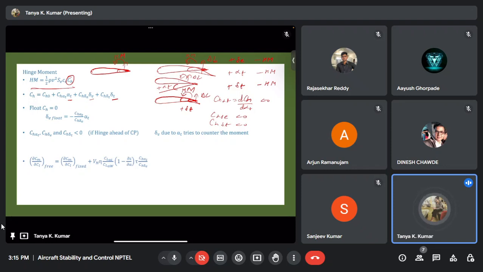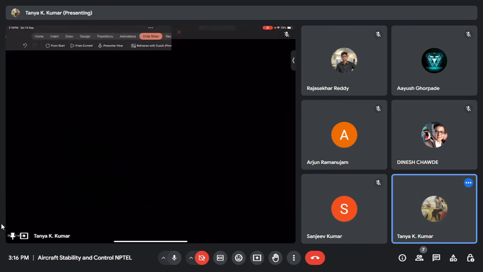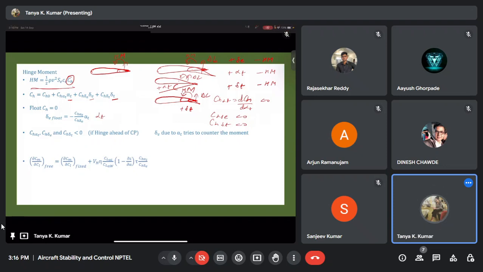Now if my tail is subject to a positive angle of attack, what will be the delta E float? Positive, negative, 0?